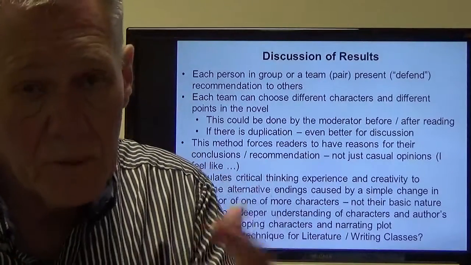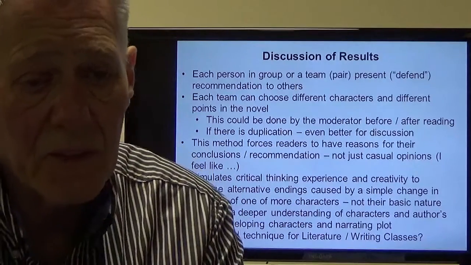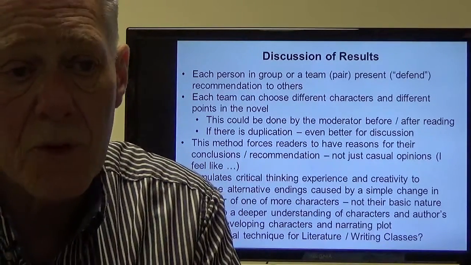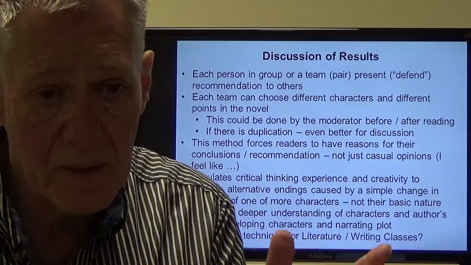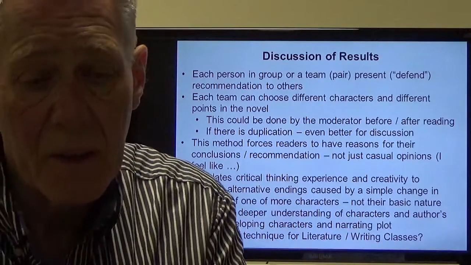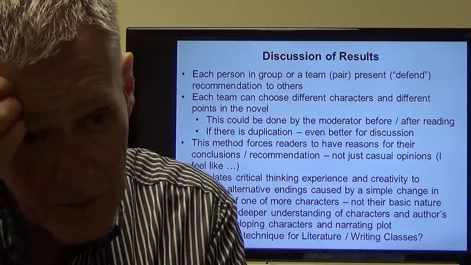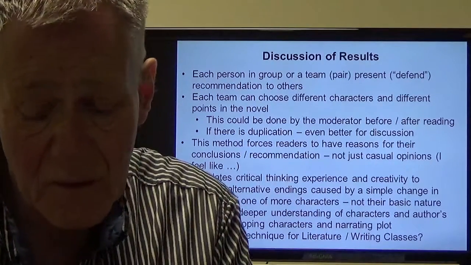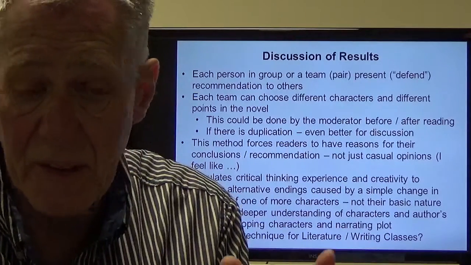So the mechanism of doing such a thing, this case study approach, you'd have to divide the group either individually or in pairs, and then they would make these recommendations to the other people in the book club. You could choose different characters and different points.